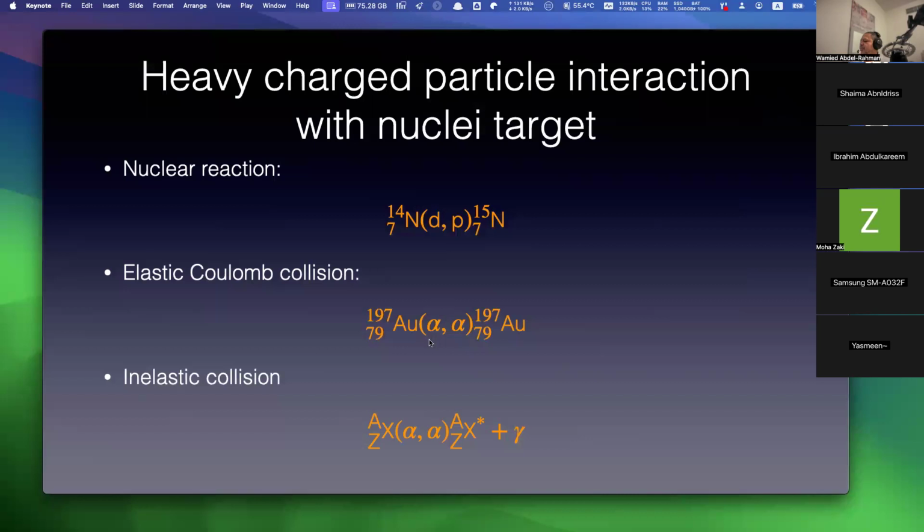So this is an example of elastic Coulomb collision. It's an alpha-gold interaction.